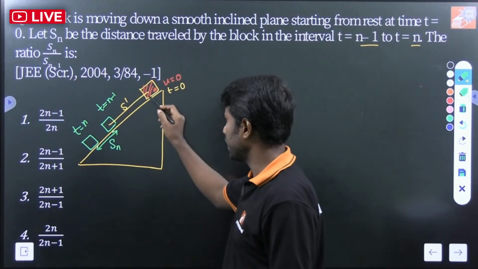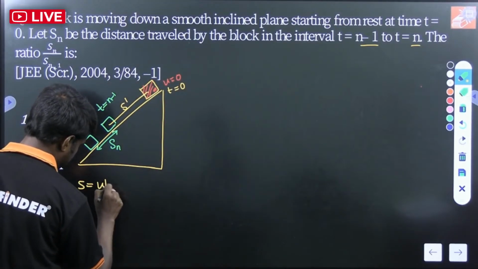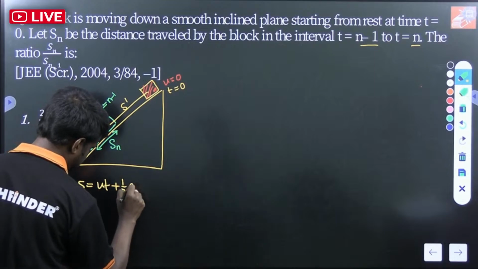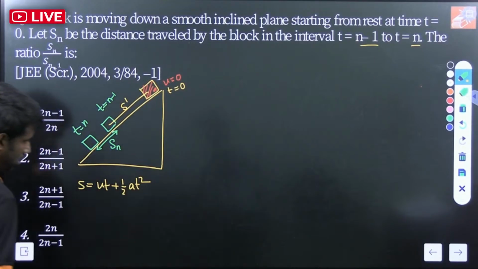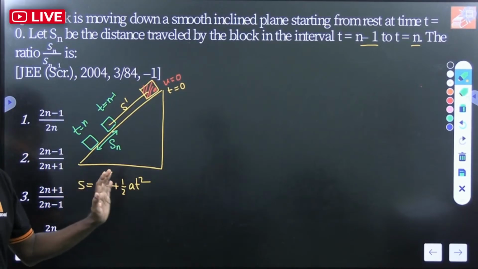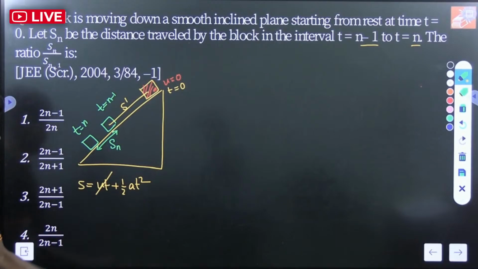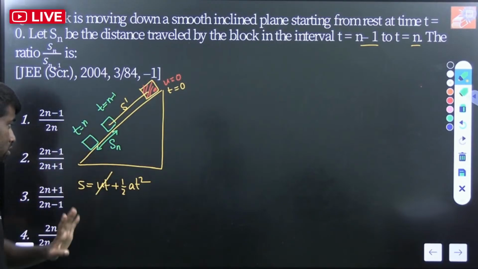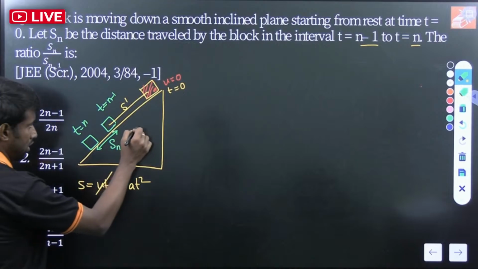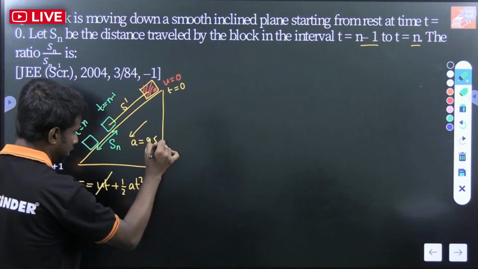We know the formula S equal to ut plus half a t square. First of all, u equal to 0, so this term will not disturb you. Now you have to find the acceleration when the time is given as n minus 1. First you see that the acceleration along this is g sine theta.